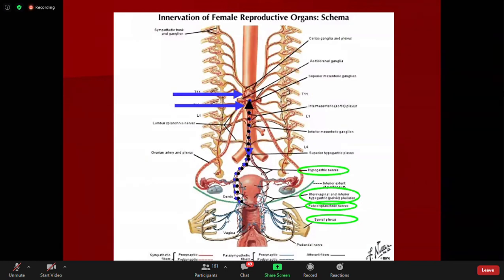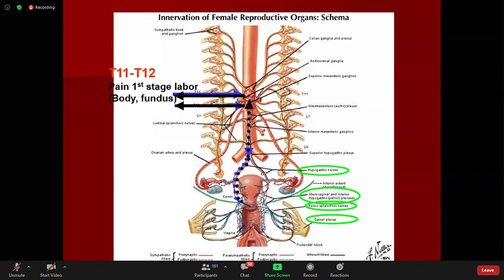Now the lower part of the uterus, except the last 2 centimeters of the vagina, is supplied by parasympathetic nerve fibers coming from S2, 3, 4. So nerve fibers are going to hitchhike or go along the parasympathetic fibers back to the spinal cord.